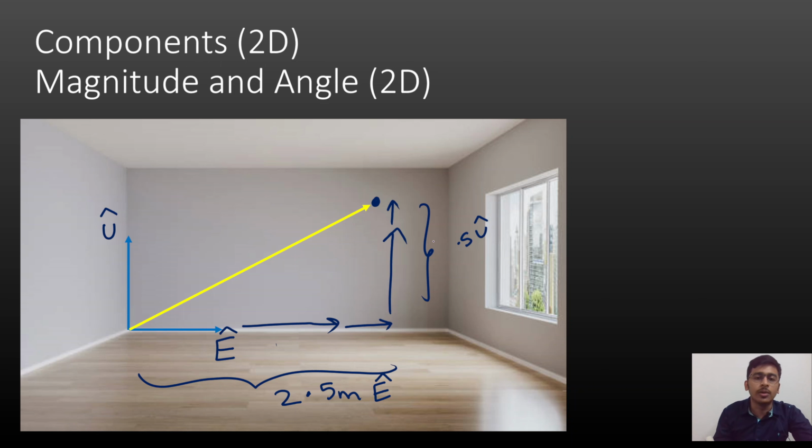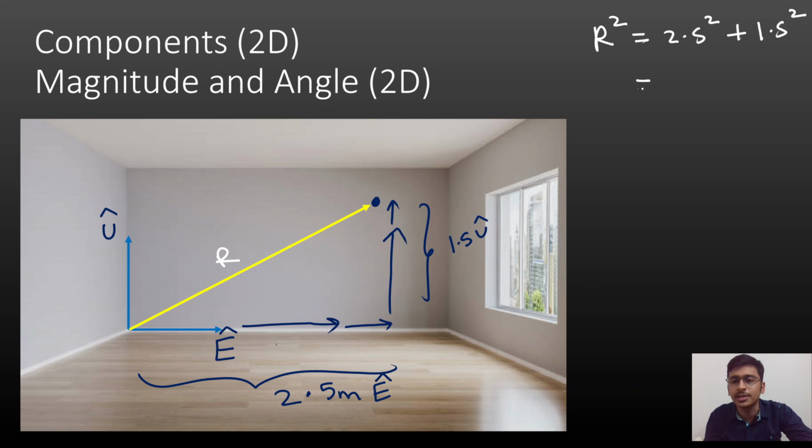So from basic Pythagoras theorem, I can calculate how much this length is, and how much is that length. Let me just calculate it. Let's say this is r, from this edge of this room to that fly. So r squared is nothing but 2.5 squared plus 1.5 squared, correct?